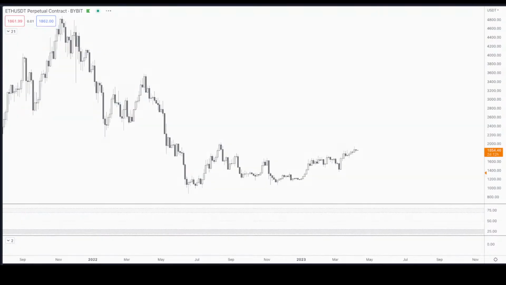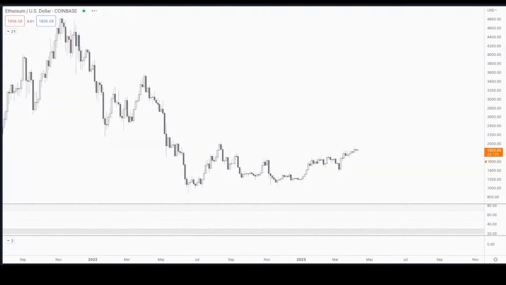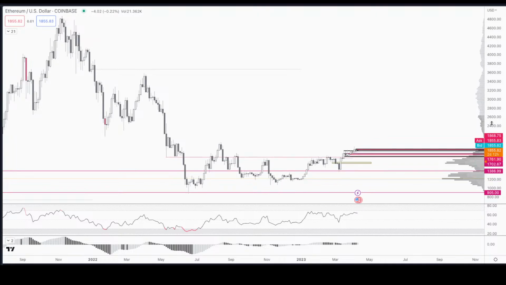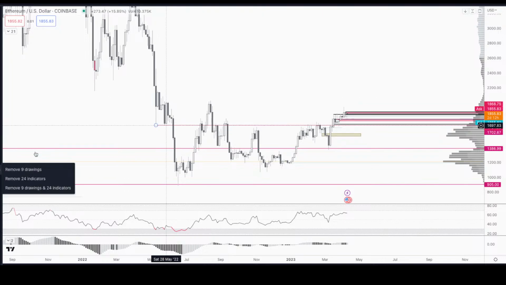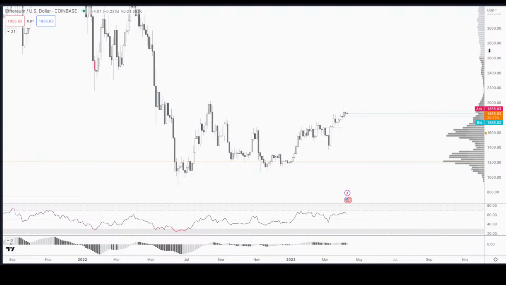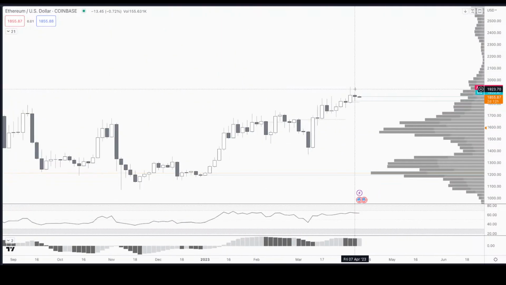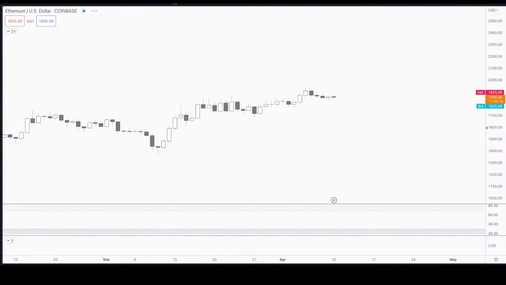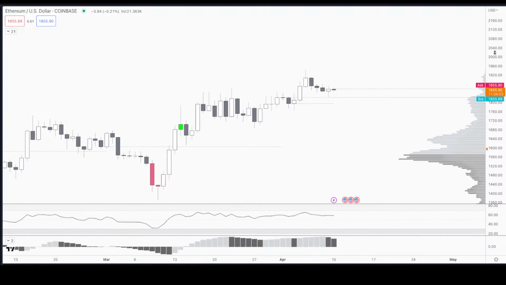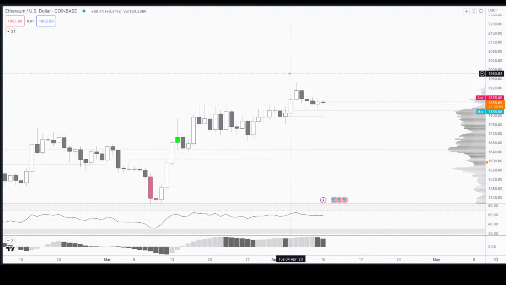Let me find another chart. Maybe I have a clean one. Nope. Oh, this is the cleanest one, really. Yeah, I think BTC is cleaner than ETH.